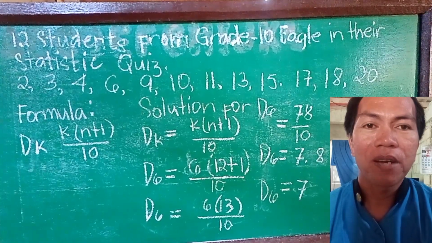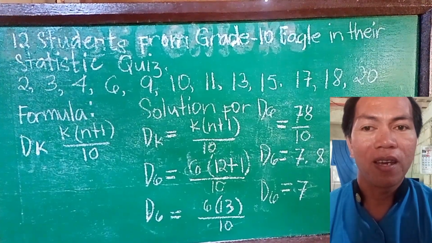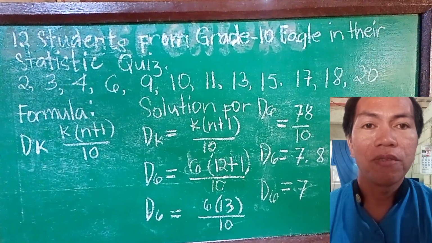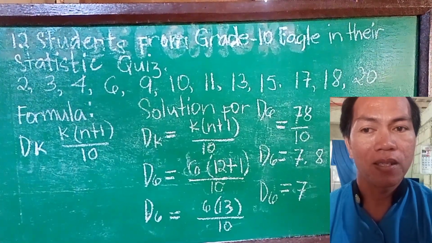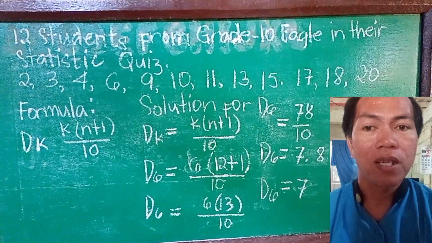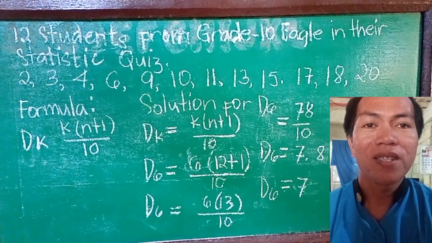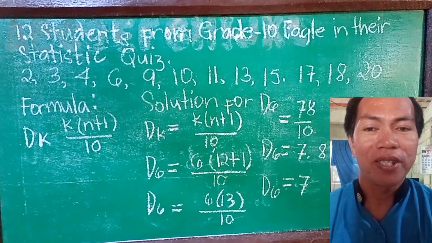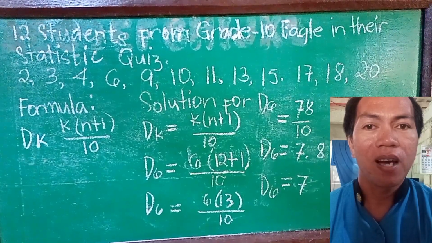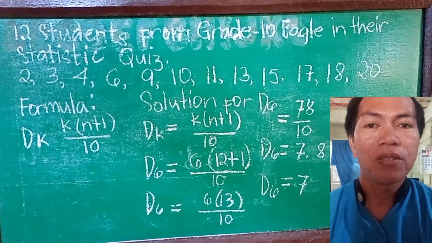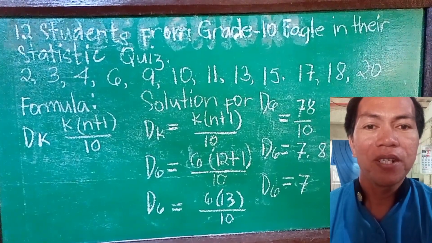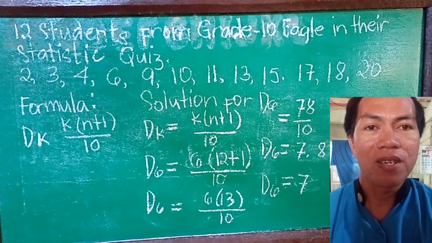Now, by substituting the value of k, which is 6, because we are looking for the location of decile 6 or D sub 6, we have D sub 6 is equal to 6 times the quantity of 12 plus 1 all over 10. And 12 is already given from our data, the 12 students who took up their statistics quiz. And after this, we will be simplifying the equation.